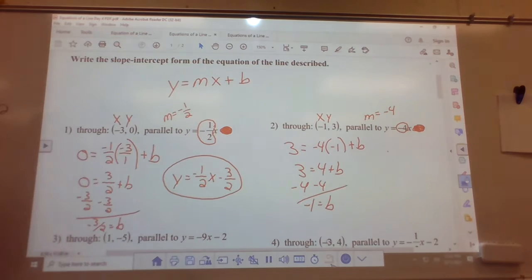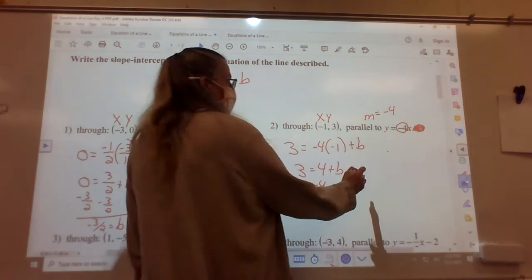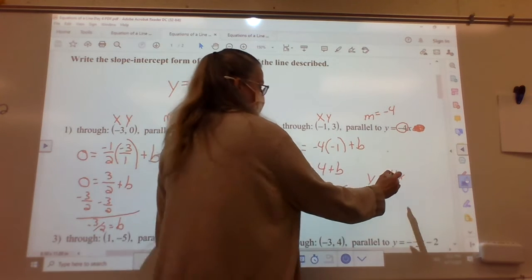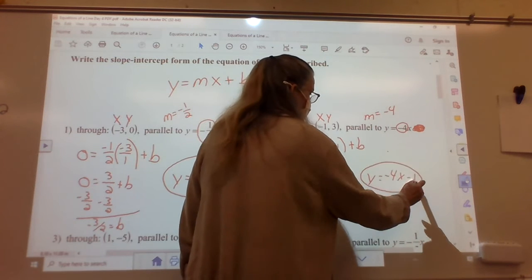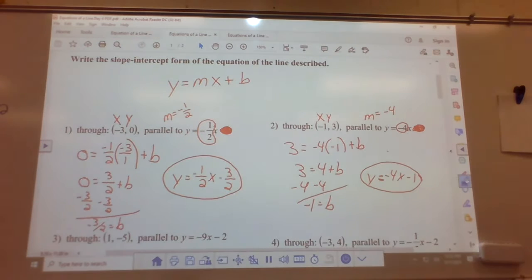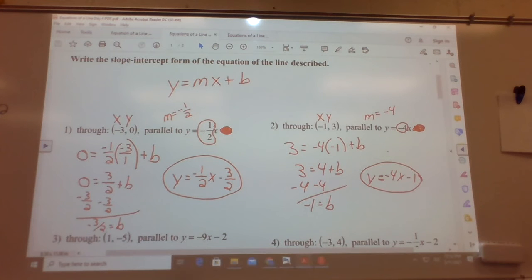Now to bring it on home, write your equation. Y equals negative 4x minus 1. That's your final equation. So pretty much the same thing as I did yesterday.